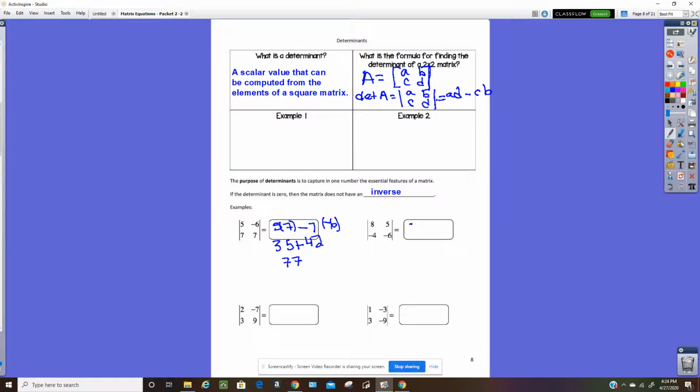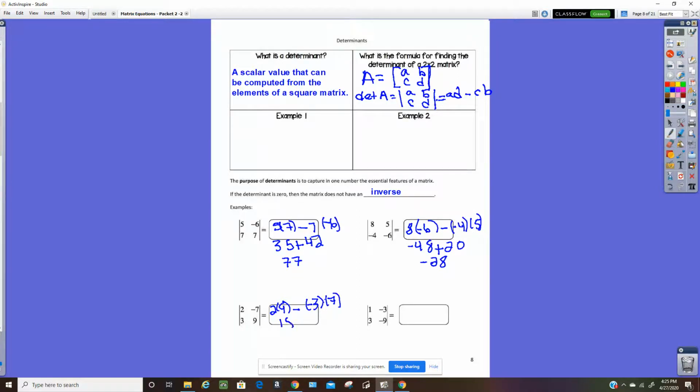This one, 8 times negative 6 minus negative 4 times 5. So negative 48 plus 20 is negative 28. So the first two would have an inverse because the determinant is not 0. This one would be 2 times 9 minus negative 3 times 7.